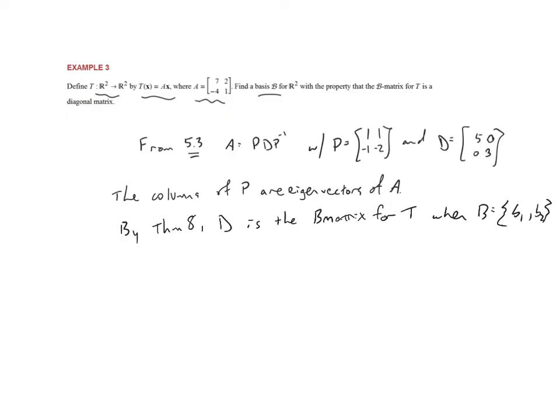Oh, and I forgot to note the columns of P are eigenvectors of A, and let's call them b1, b2. Okay, so that's the b1 and b2 I'm referring to. If those columns are our basis, then D is the B matrix for T.